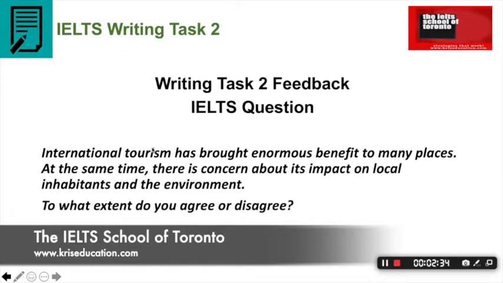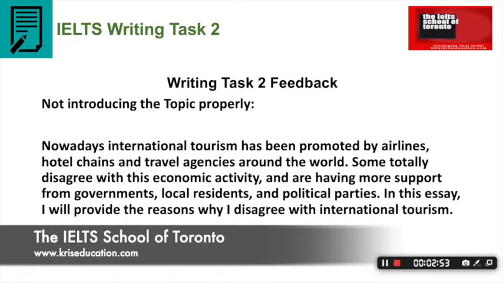International tourism is the broad topic, and what you need to do in this essay is talk about benefits or disadvantages that international tourism brings to the inhabitants of touristic places and their environment. Alright, so this is a model not to follow.